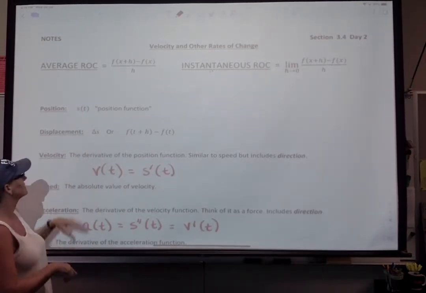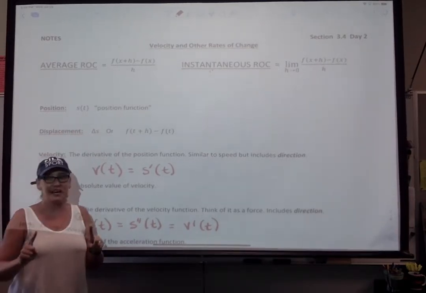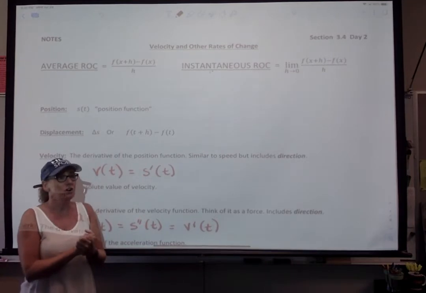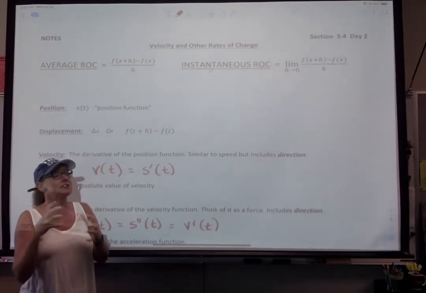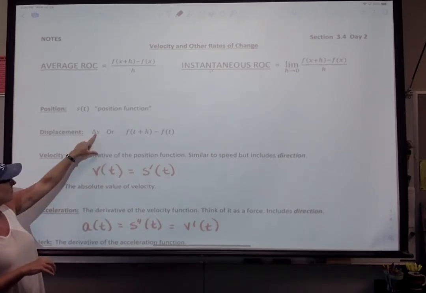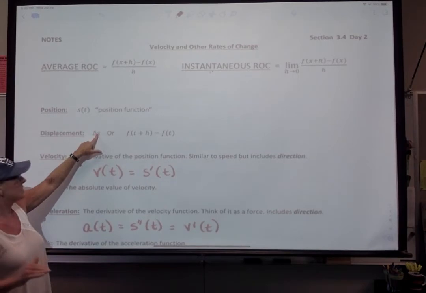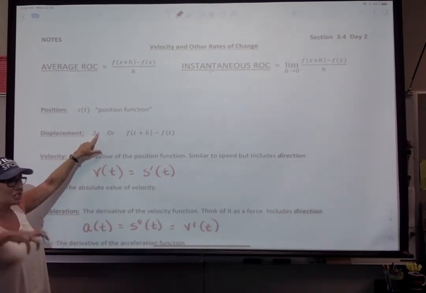Position function is S. Displacement, this is a really important word. This is not the same as total distance. It's very similar, but displacement and distance mean two different things. Displacement is going to be the change in the position, okay? Just the change in the position.